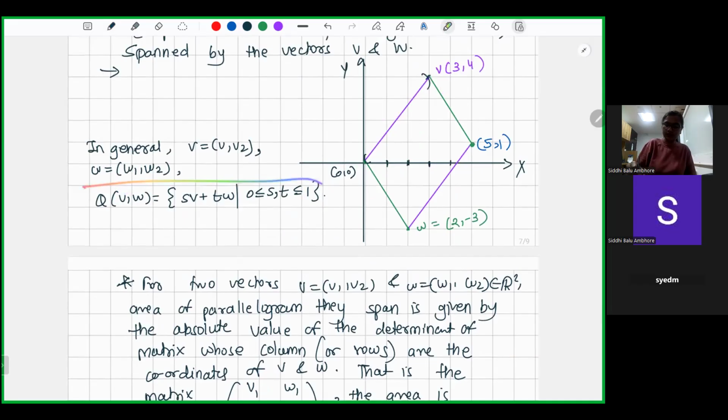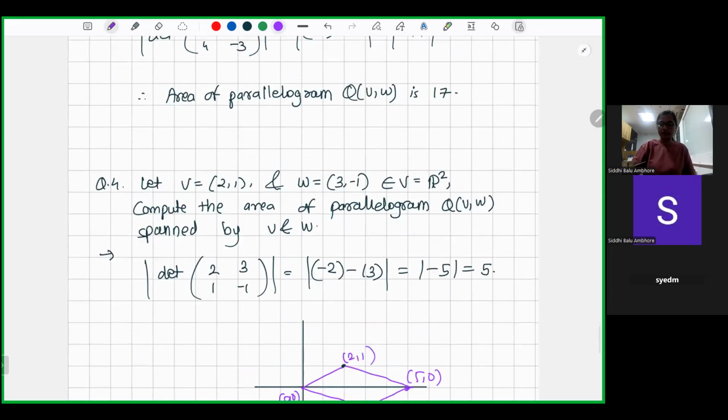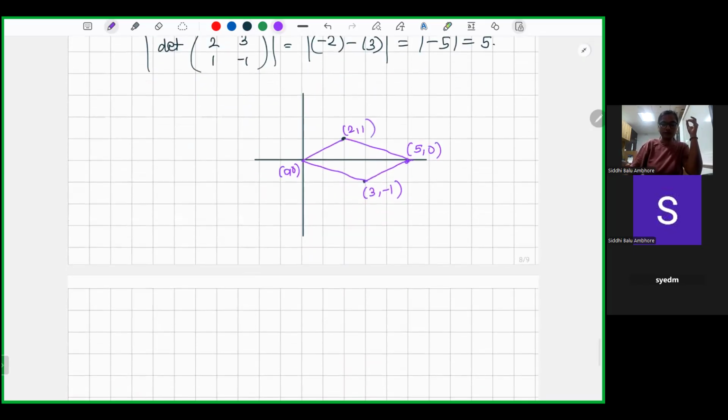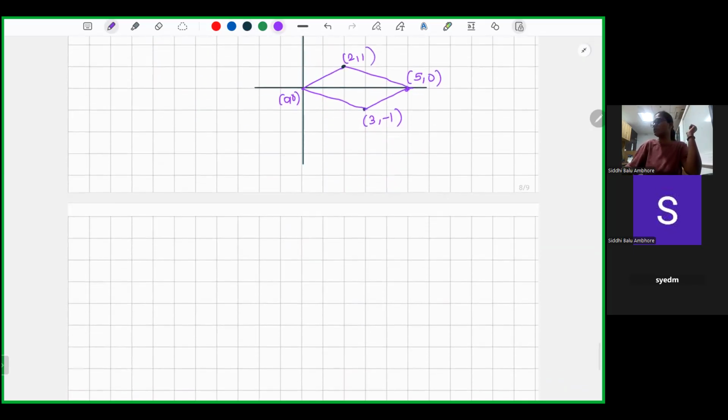It will be good if you understand and visualize what this means here. Yeah, so any doubts here about what we did? Okay, so we'll move to the next question now.